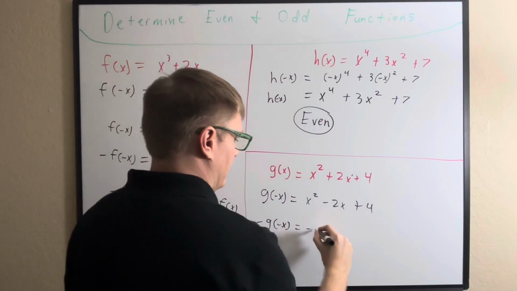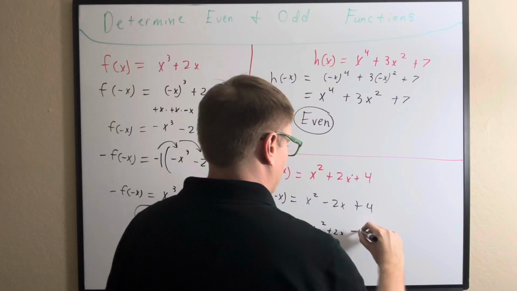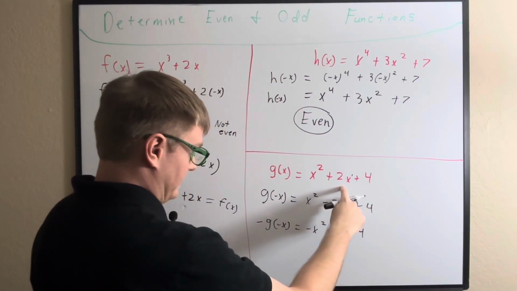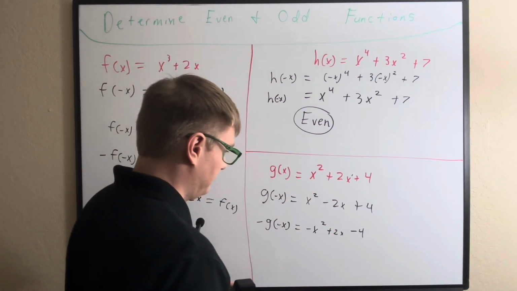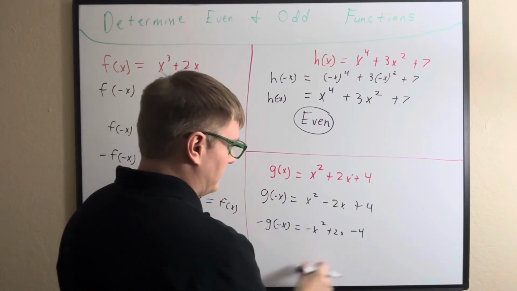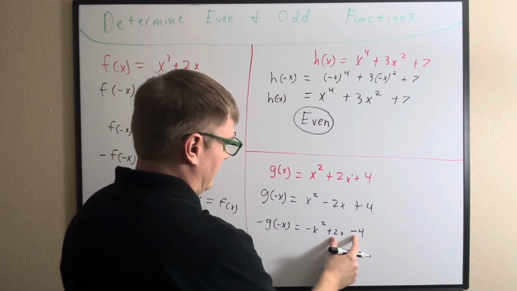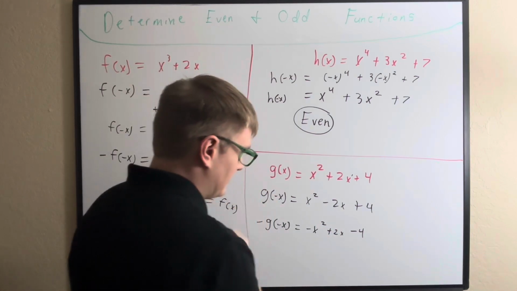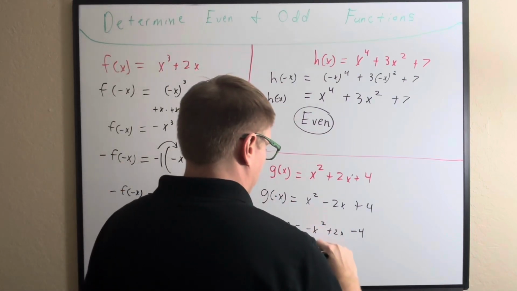What happens? All the signs change. And it's still very different from our original equation. And not just because of this, because we could always move this over and change all the signs again, but that would just mean that this becomes negative again, and we're going to end up with that, so it is neither.